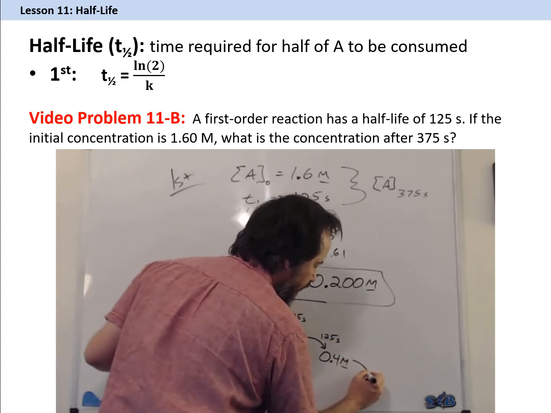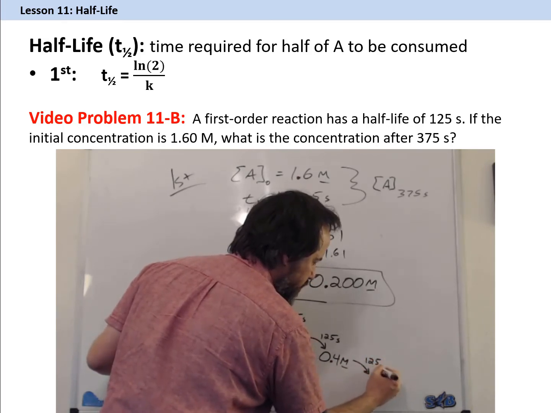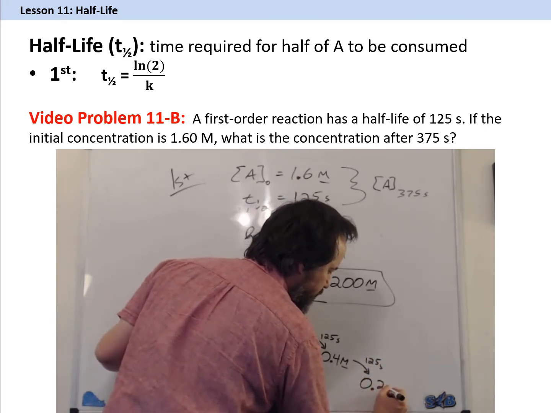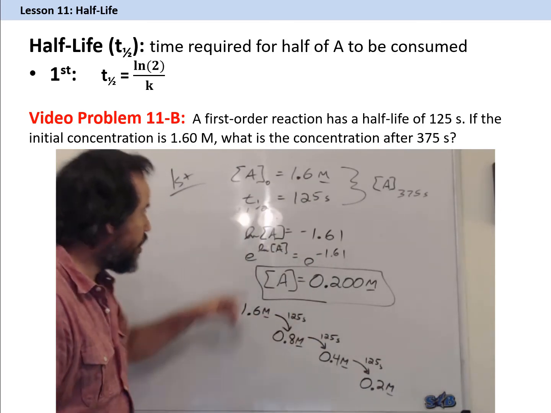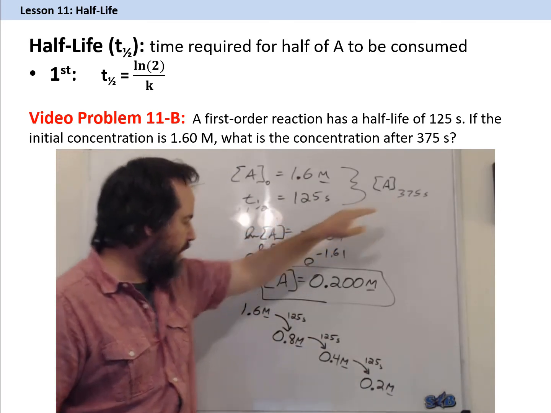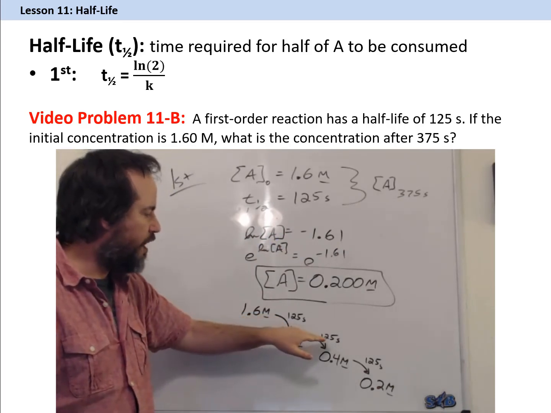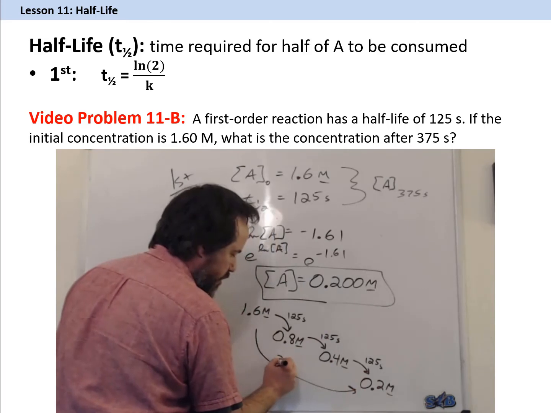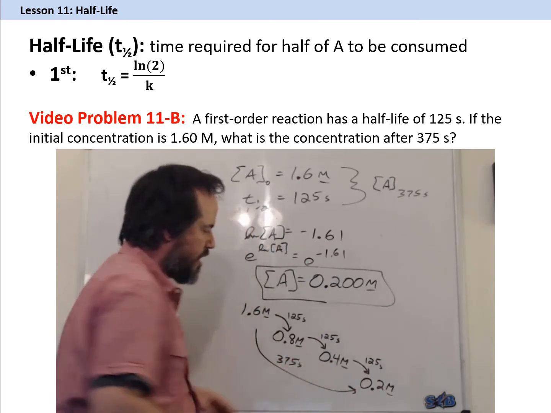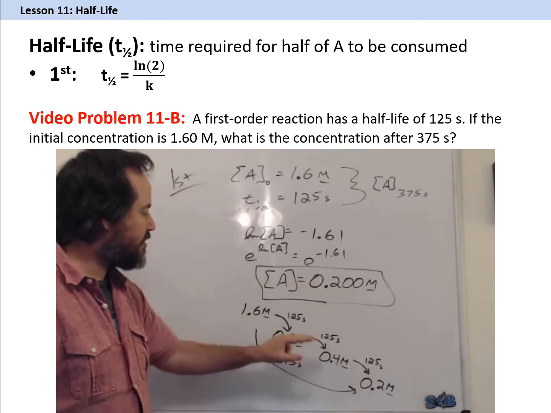After 125 seconds more, I'd end up with 0.2 molar. Okay? That's how half-lives work. Well, notice 375 is 125 plus 125 plus 125, or 375 seconds, right? So I get the same answer.